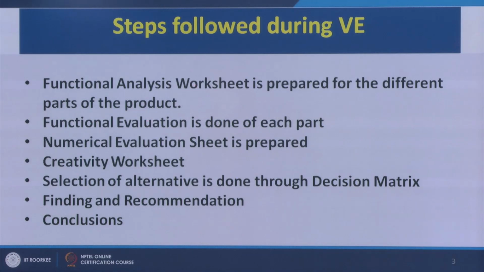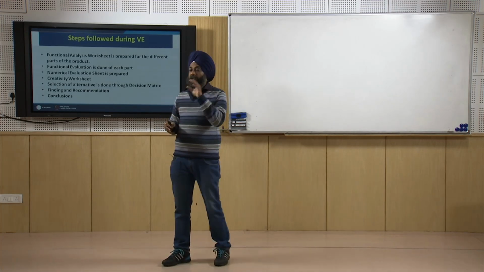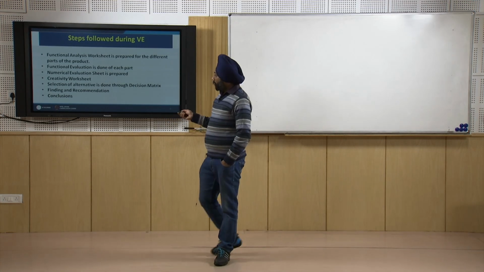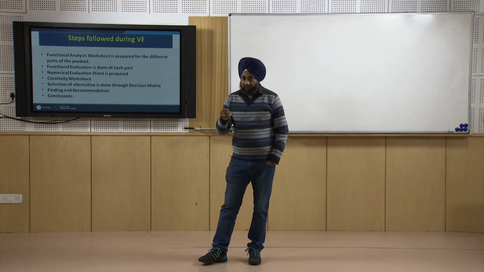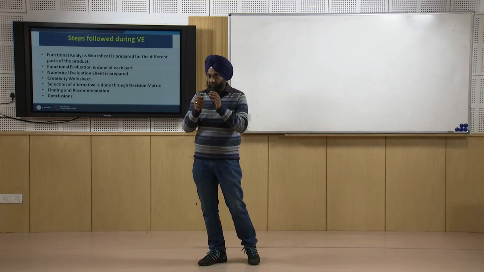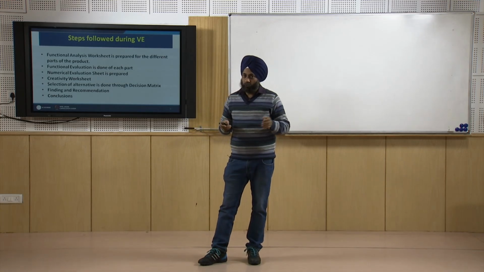So a functional analysis worksheet is prepared for the different parts of the product. I have highlighted different parts of the product, and for each component we will try to give a functional definition. May I ask you what is the method of giving the functional definition, which we have already covered in the last 4 sessions?